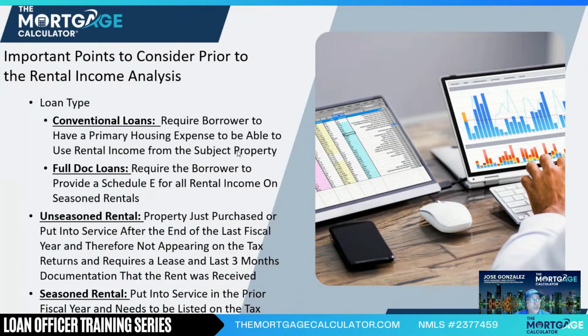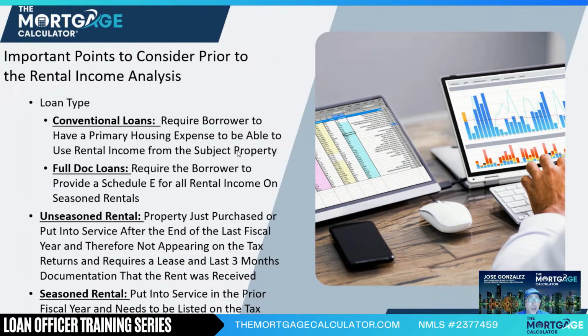So, what are some of the important points to consider prior to embarking on your rental income analysis? It's very important that you know what type of loan we're dealing with, right? Are we dealing with conventional loans? Because, very important to note here, conventional loans require the borrower to have a primary housing expense to be able to use rental income from the subject property.